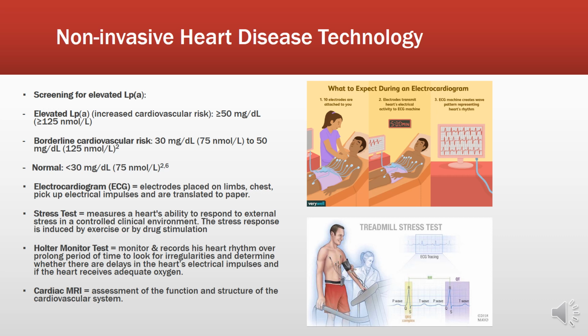There's a test called an electrocardiogram. It's also known as an EKG, where limbs and electrodes are placed throughout the person's body, their chest, and then their lower extremities. And this is going to pick up electrical pulses, and then it's going to transcribe those onto a paper. And it doesn't take long.